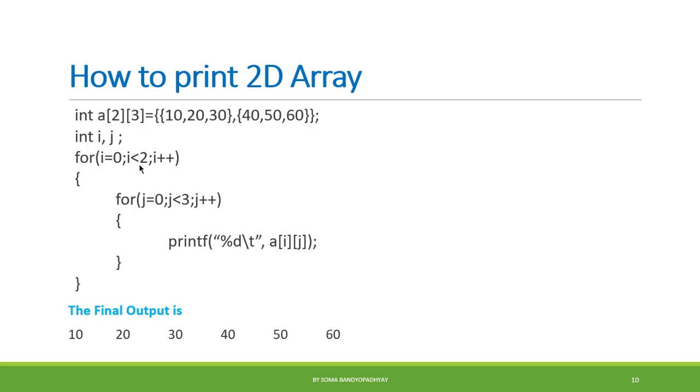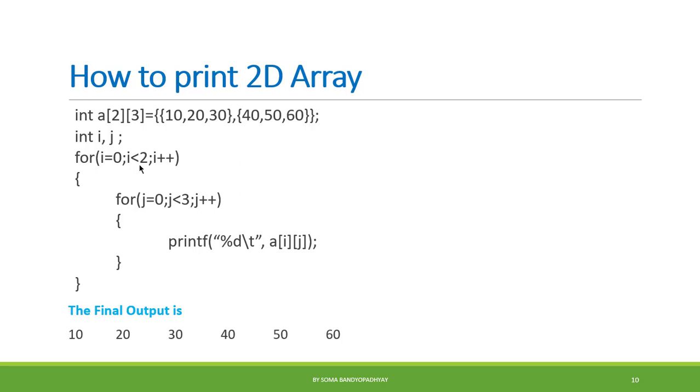Yes, i is less than 2, therefore we come inside the for loop. Then we get j equal to 0, and we check whether j is less than 3. The condition is satisfied and it will print a[0][0]. Therefore, this element will be printed on the screen.